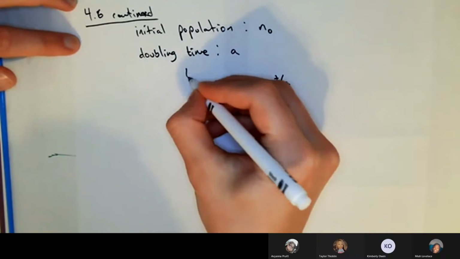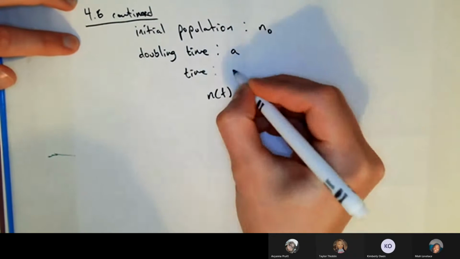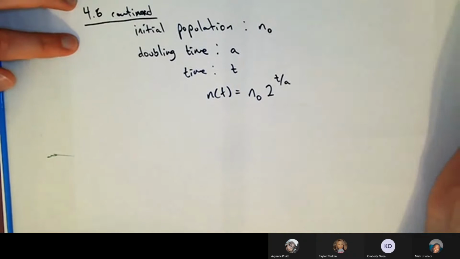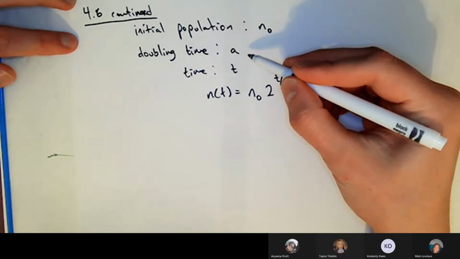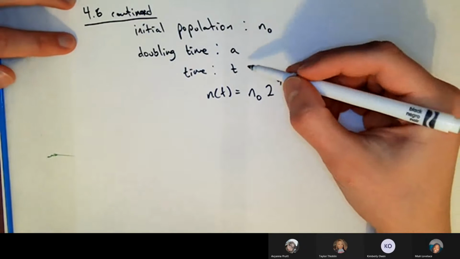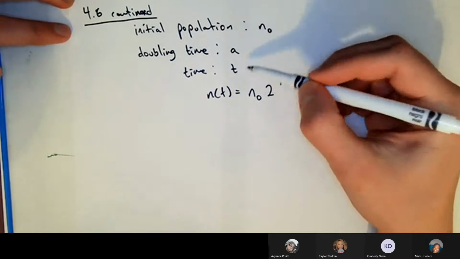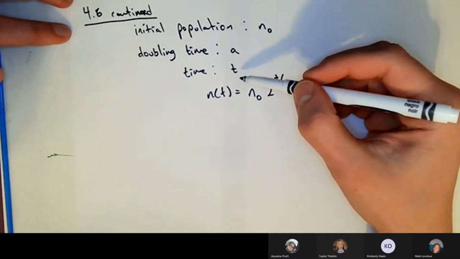Time, of course, just the time that passes for this model, is t. And these should be measured in the same kind of time, both in years, both in minutes, both in months, whatever it is, they both need to be measured in the same kind of time.